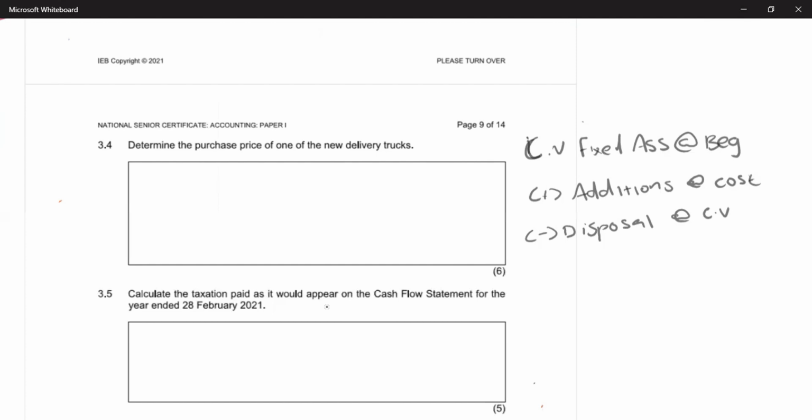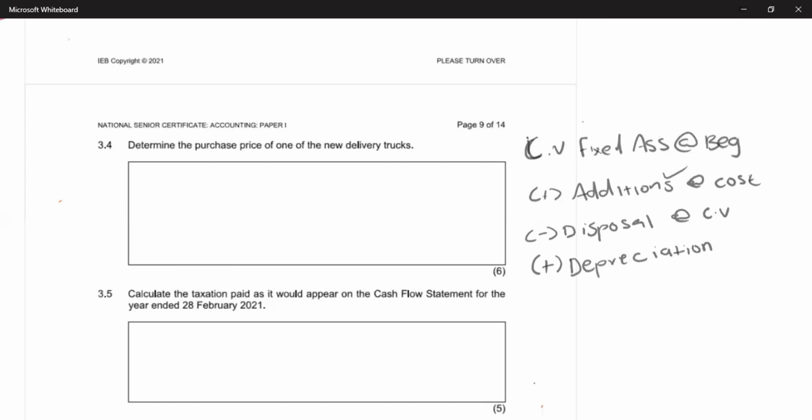Okay. But then in this instance, what is it that we're trying to calculate? We're trying to calculate the purchase price of one of the delivery trucks, our additions at cost, right? Now here's my carrying value of all my fixed asset at the beginning, plus any additions at cost of any of my fixed asset, minus any disposals I've made during the year. And now this, added to depreciation. This is similar to the format of your fixed asset note.